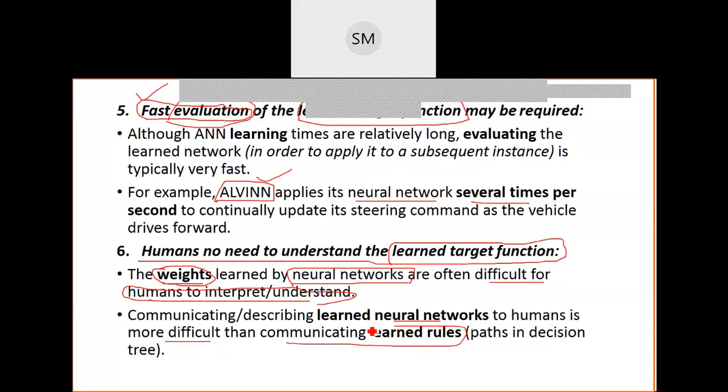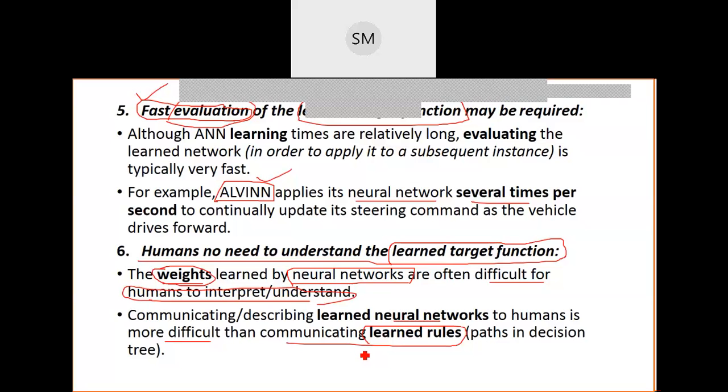To explain or describe whatever the weights are, it is very, very difficult. So describing learned neural networks for human beings is difficult compared to learned rules.